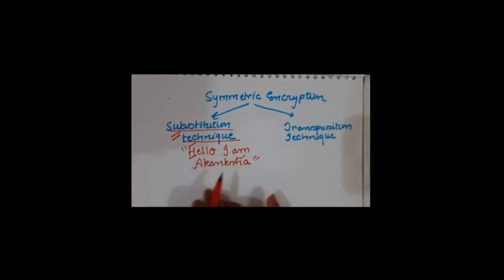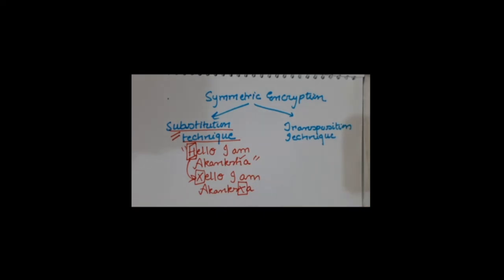Only 2 H is there in my plain text, and I decide to substitute however many H are there by X. If this is the decision that has already been taken, what will happen? Xello, I am Xkanksha. So what have I done? I have substituted H by X. Understood the meaning of substitution?